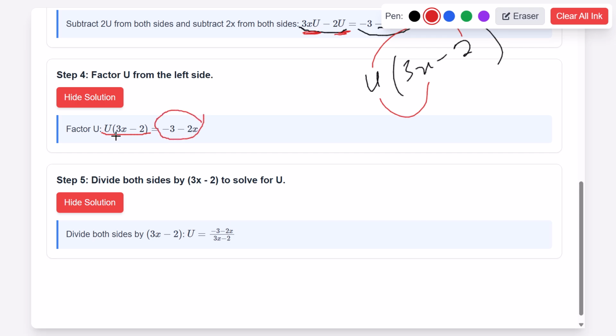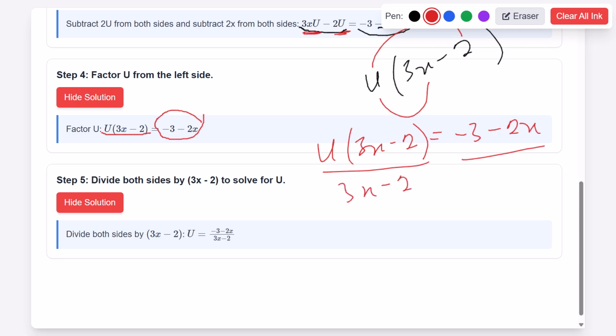So after dividing, I have the u then 3x minus 2 is equal to negative 3 minus 2x. So I divide both sides by 3x minus 2 and divide this side over here too by 3x minus 2.